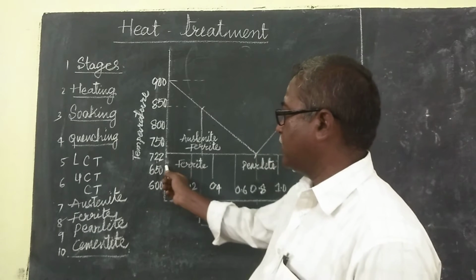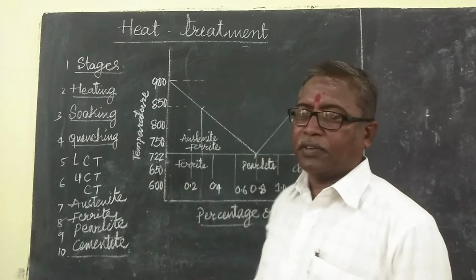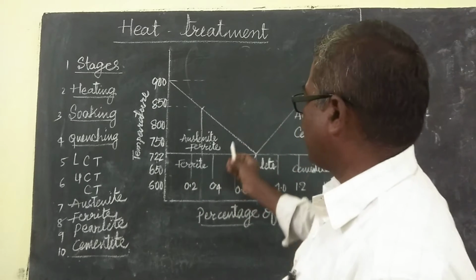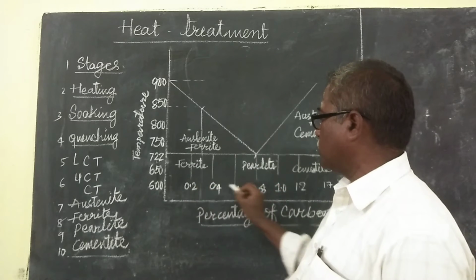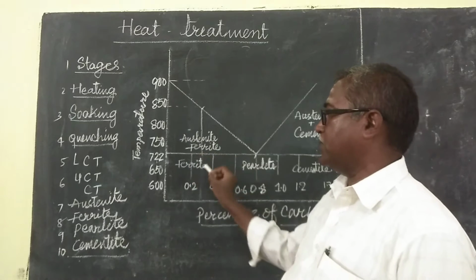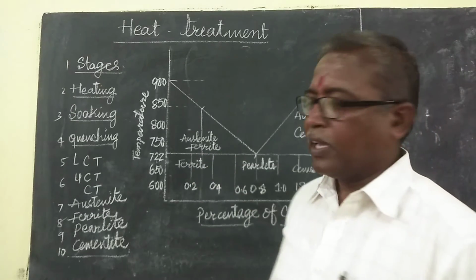Then from here up to 0.4, ferrite will be there. Ferrite structure. From 0.2 to 0.8, ferrite plus pearlite structure will be there.